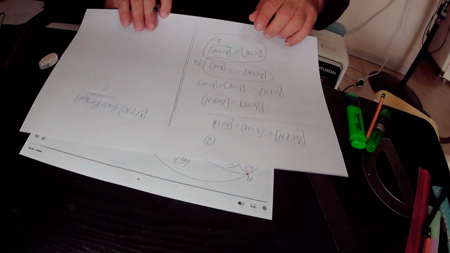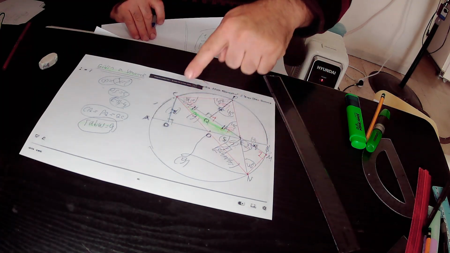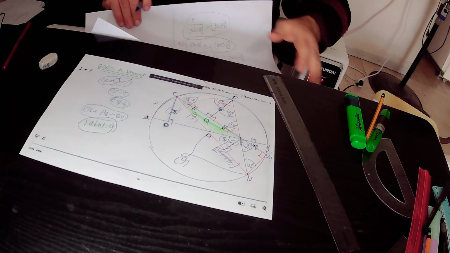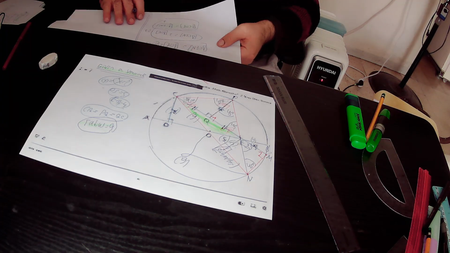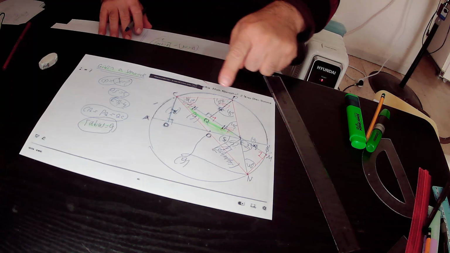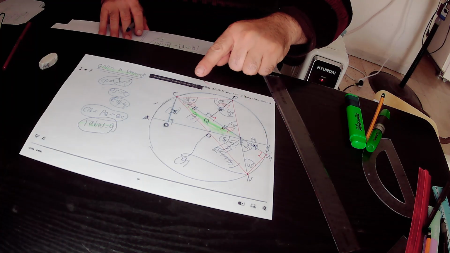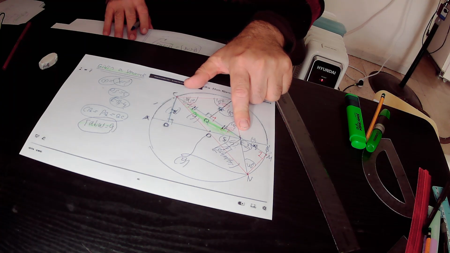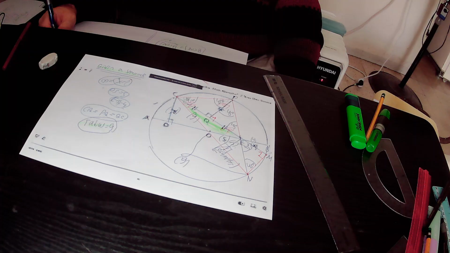So the area of the big triangle CEN equals the base of the triangle times the height over 2. We'll choose the base of this triangle CEN as CE. The base is CE according to our choice.